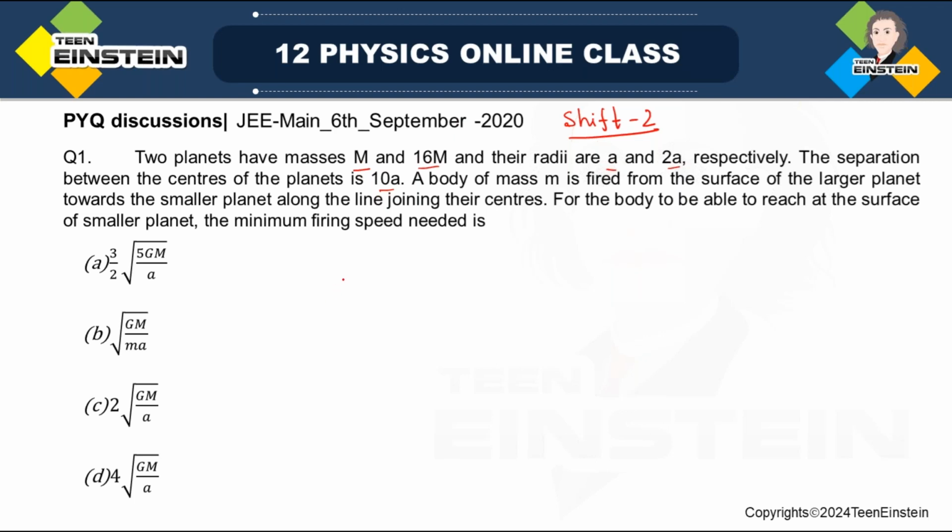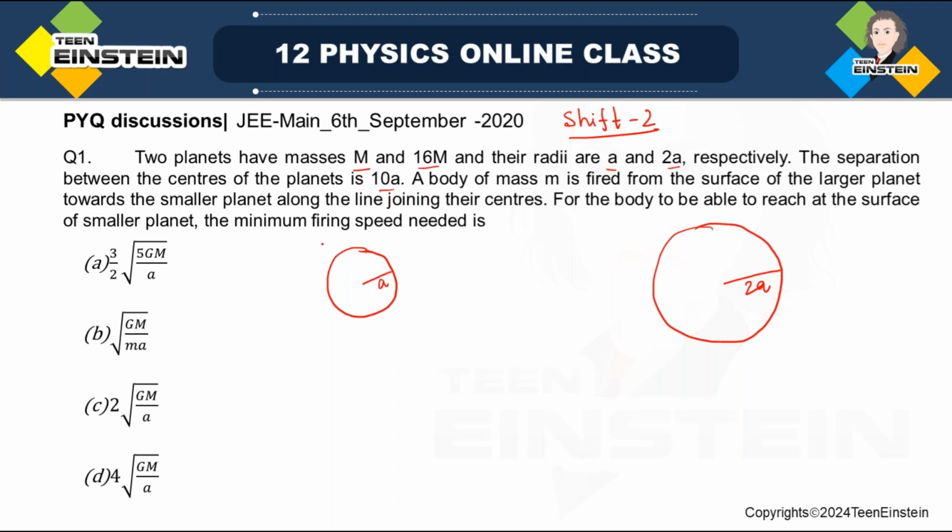Let us draw this situation. This is one planet, and let us take the bigger planet to be this. This has radius 2a, and this has radius a.